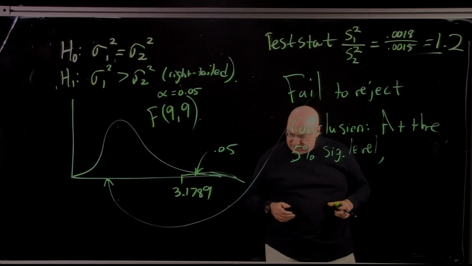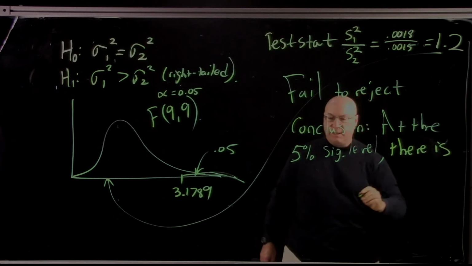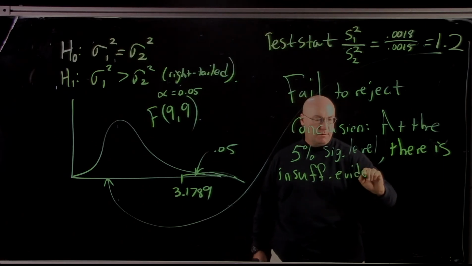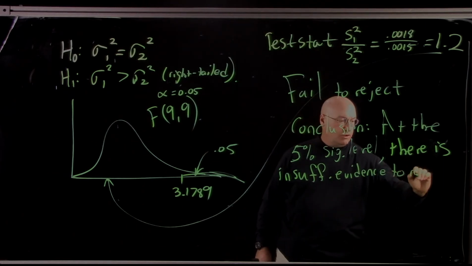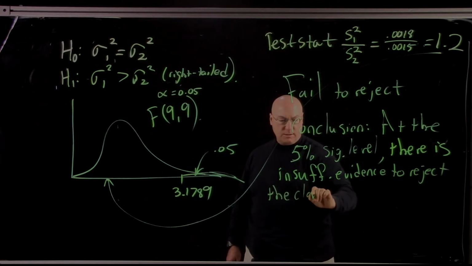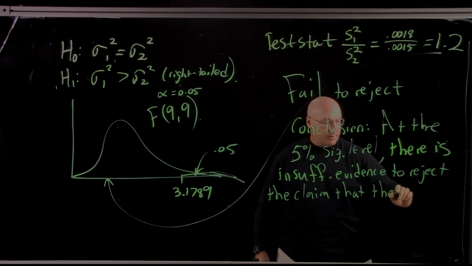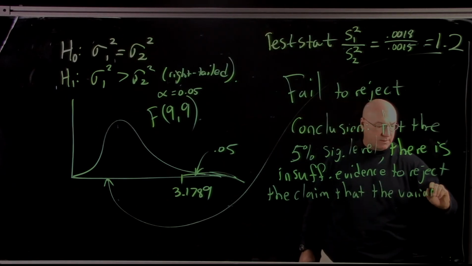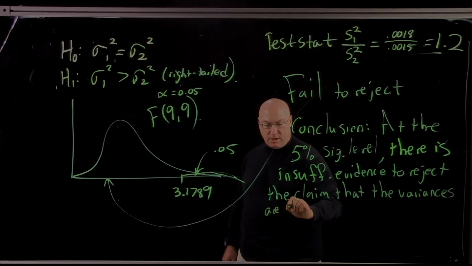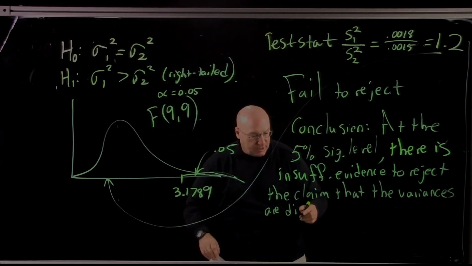At the 5% significance level, there is insufficient evidence to reject the claim that the variances are the same.